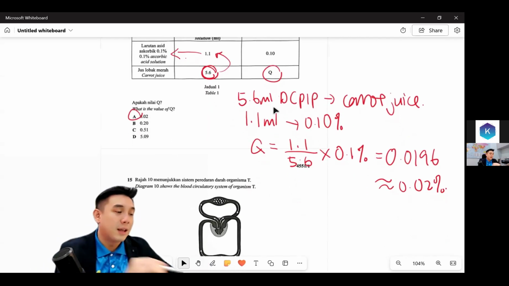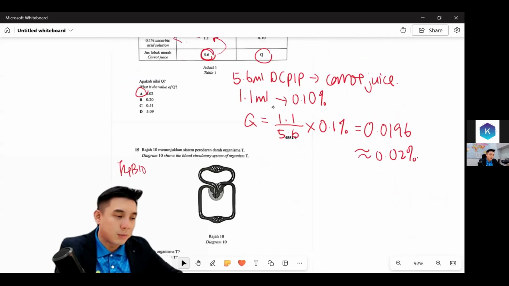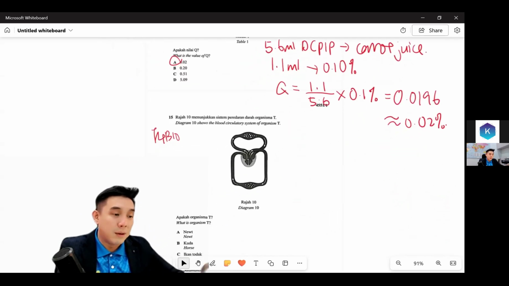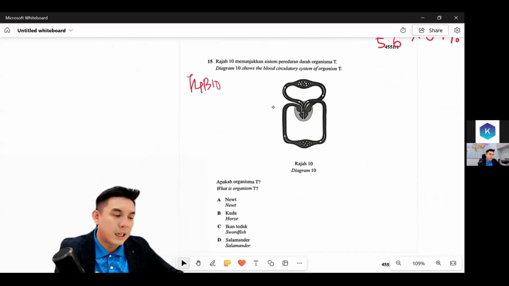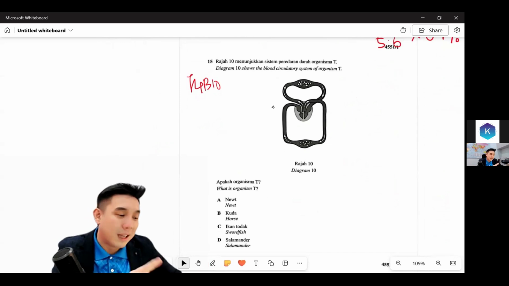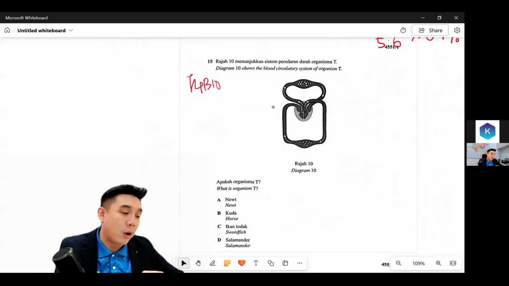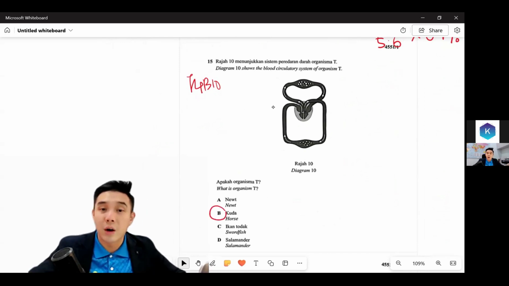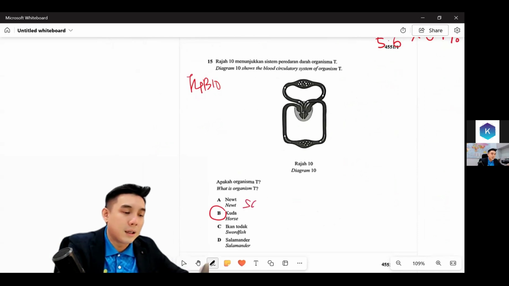15 is from Form 4, Chapter 10. It shows the blood circulatory system of a newt, and this is human. Sorry, they didn't ask for human, they asked for what other organism. So for 15 here, you should select horse. Now, if you do not know what a newt is, it's a salamander.